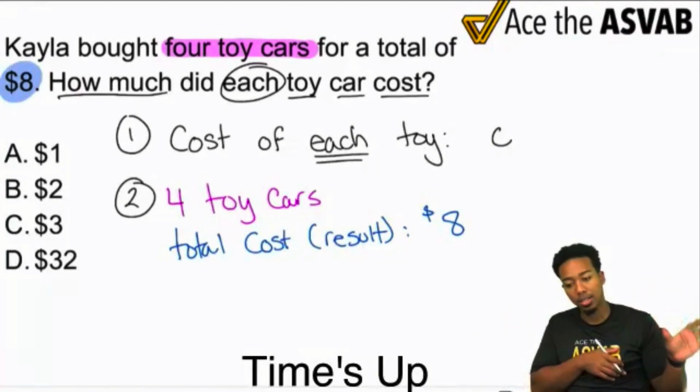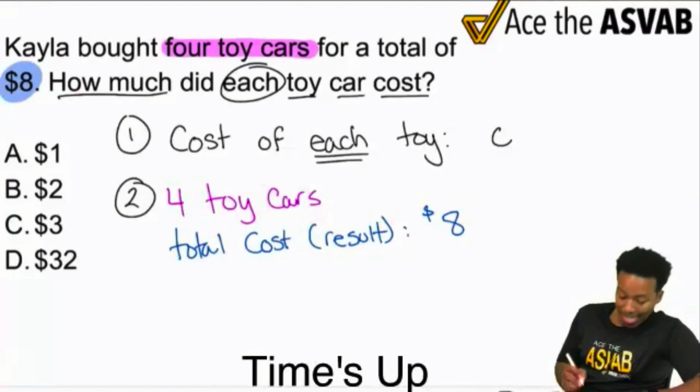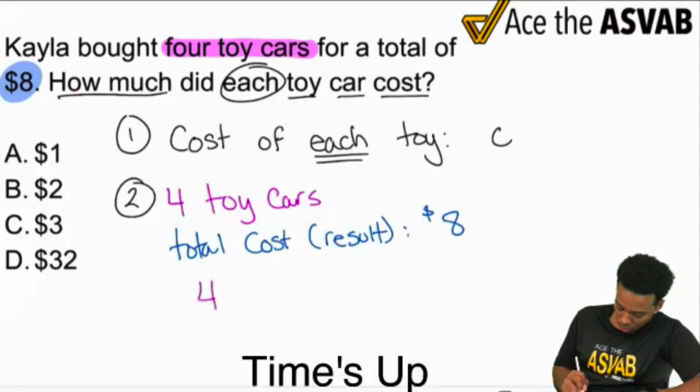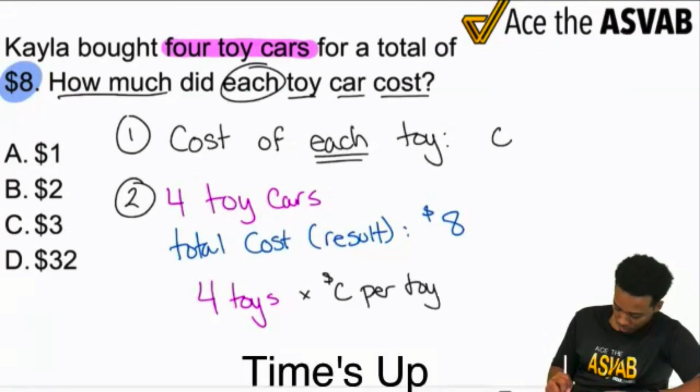And so in this case, what you should end up having is 4 toy cars times C dollars per toy equals $8 total dollars.